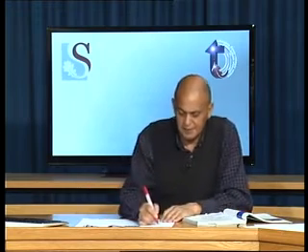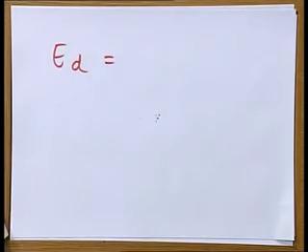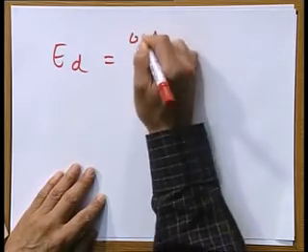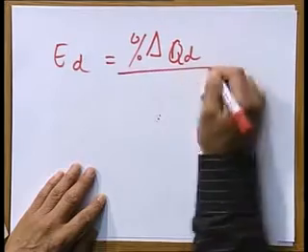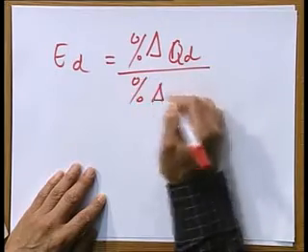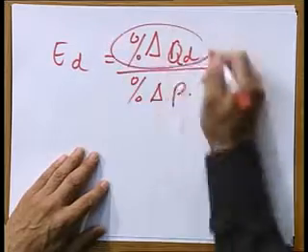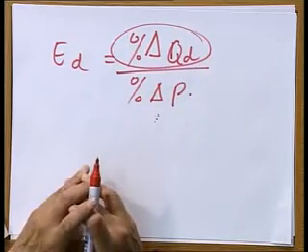Now the second one, and this is very important, is how do we calculate price elasticity of demand? We know ED is the elasticity coefficient. Now we know the general formula: the percentage change in the quantity demanded divided by the percentage change in the price. If you look at the one on top, that is your numerator, the percentage change in the quantity demanded.